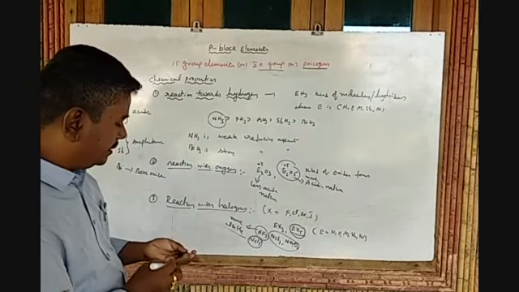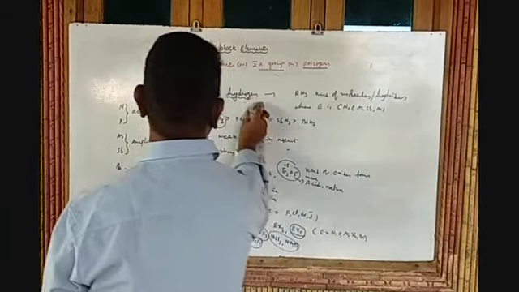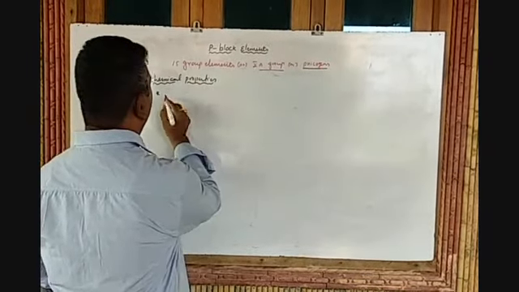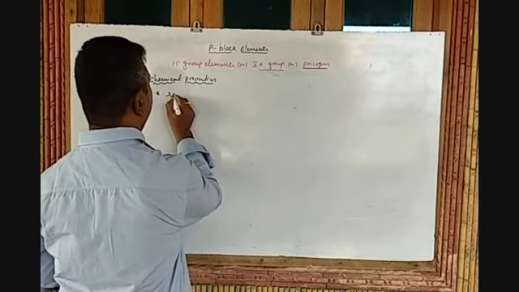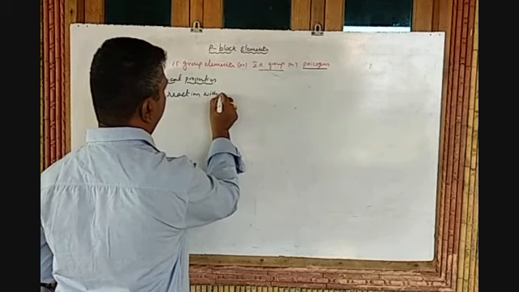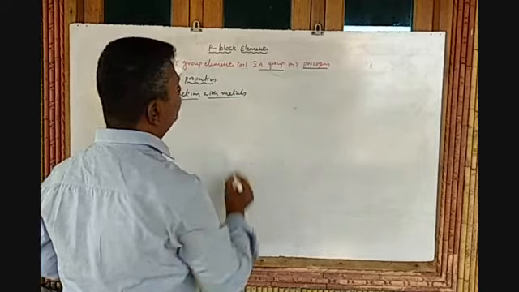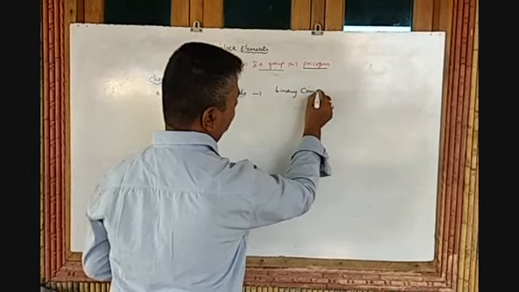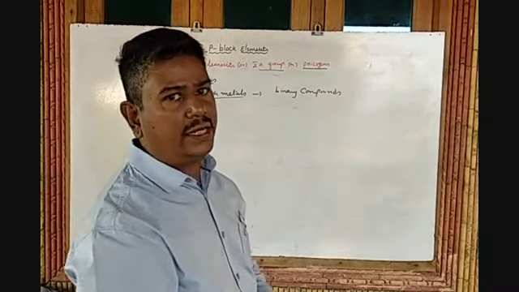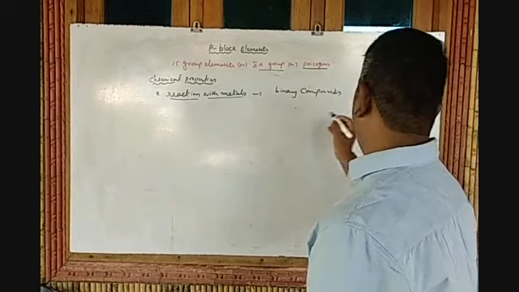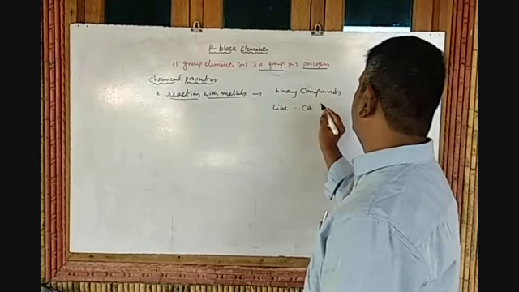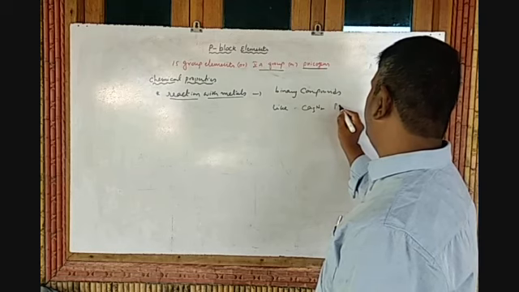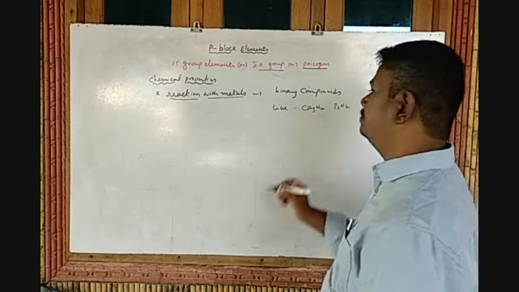Okay. Now, reaction with the metals. Generally, these group elements when reacting with the metals form binary compounds, like calcium nitride, Ca3N2, phosphorus nitride, like this.